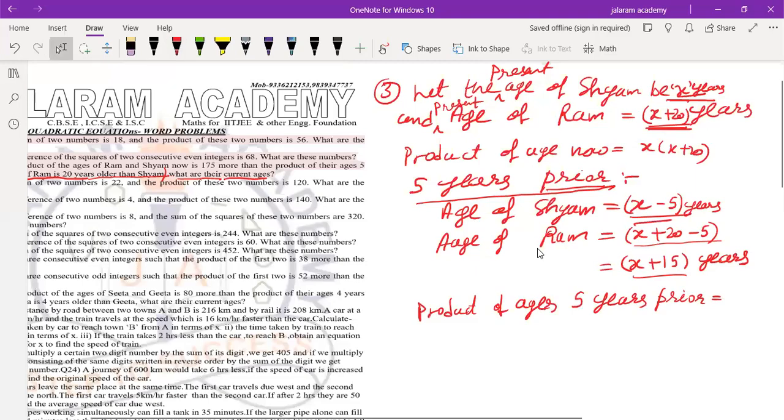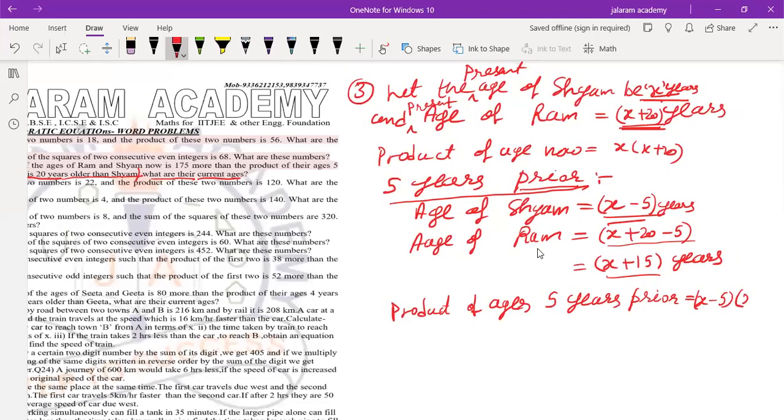First the age of Syam into the age of Ram. As Ram is older, he always remains older. If we find the difference between these two, Ram is still 20 years older than Syam, 5 years ago also. But their ages were different.